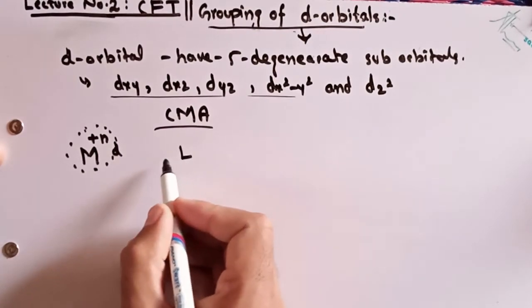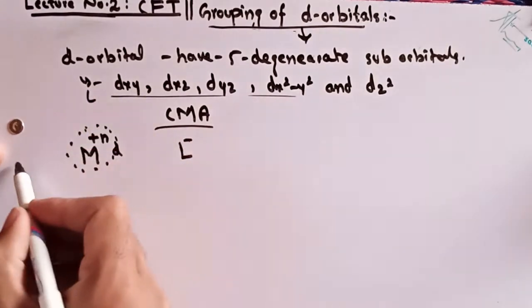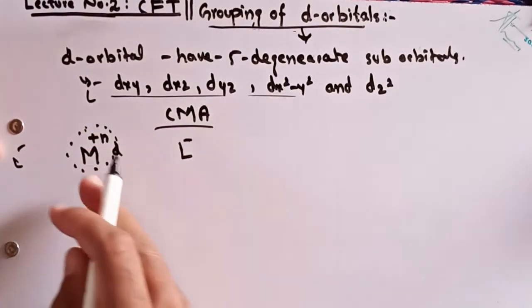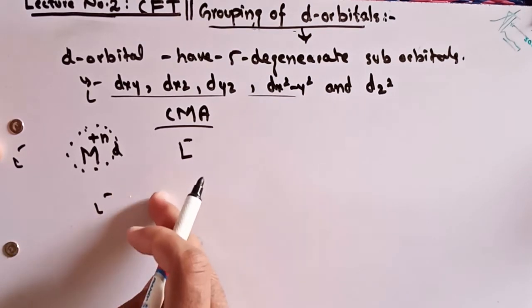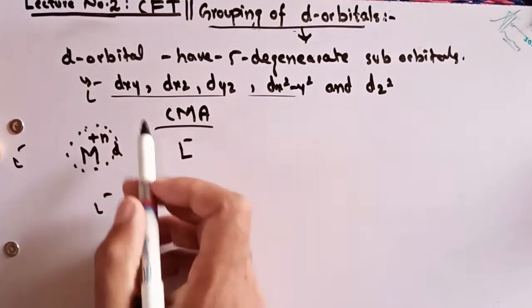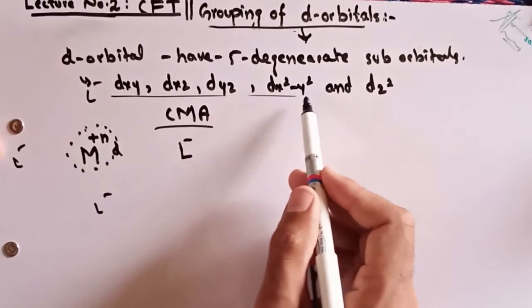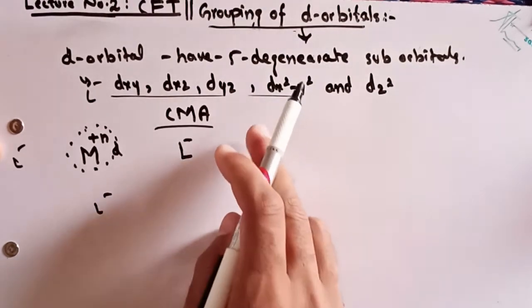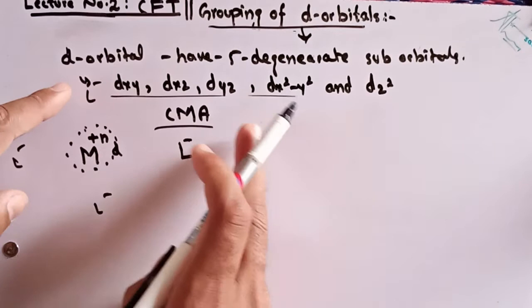According to crystal field theory, when different ligands approach the central metal cation from different directions, the d orbitals, all the degenerate orbitals dxy, dxz, dyz, dx square minus y square and dz square, will be split into different sets, into different groupings.